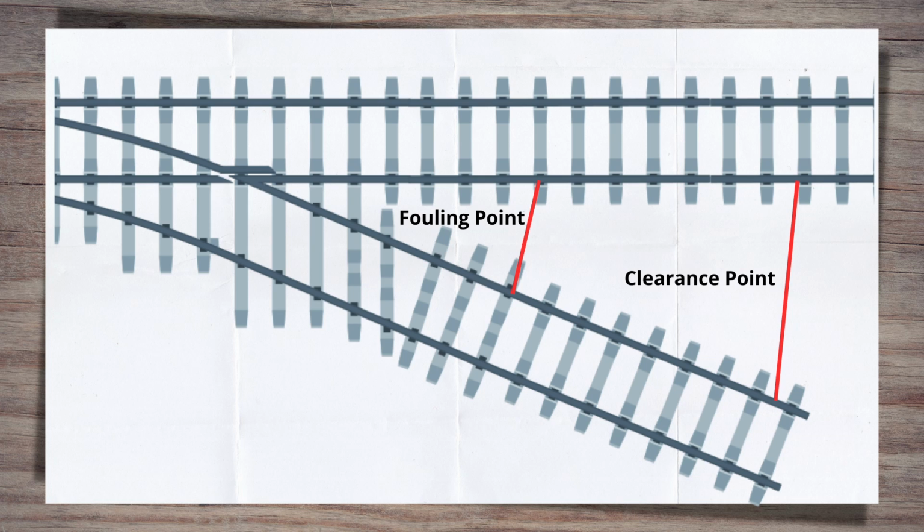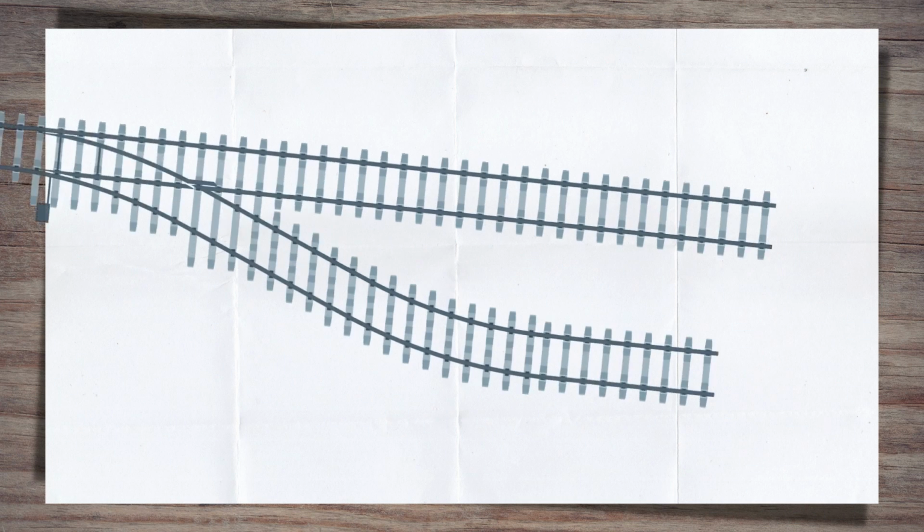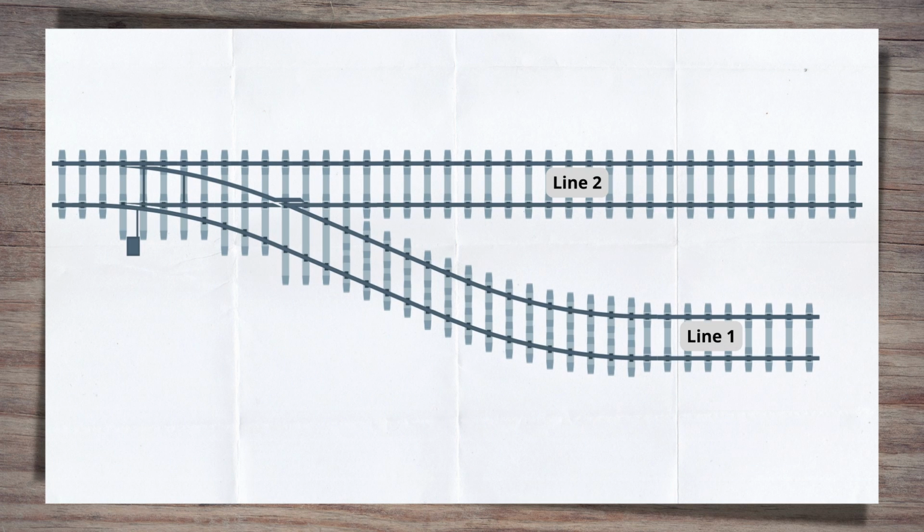One other key point to remember when it comes to the location of fouling points is that if the lines become parallel, the fouling point is placed at the point the lines become parallel, even if the distance is not 1970. The management of the interactions between the two trains from this point on is controlled via gauging and passing clearances.